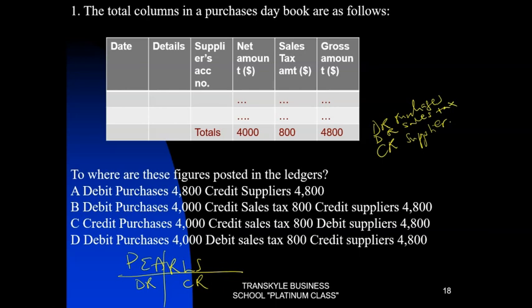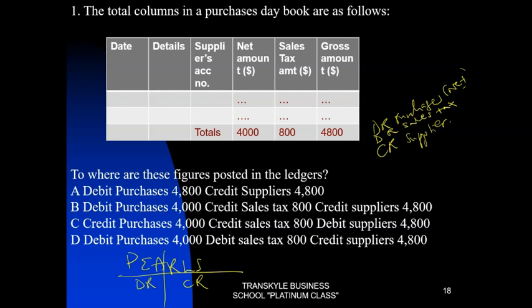So obviously the purchases will be net of tax, without tax, and then we've got the sales tax amount reported separately, because that's what is required on the ground. The tax authorities want their tax to be presented separately from the relevant transactions.